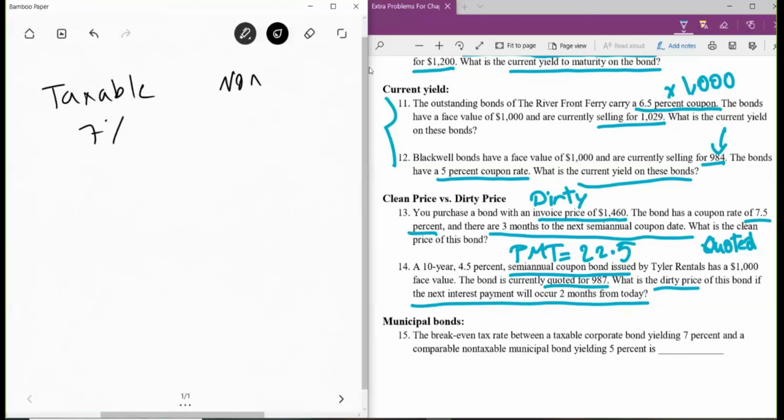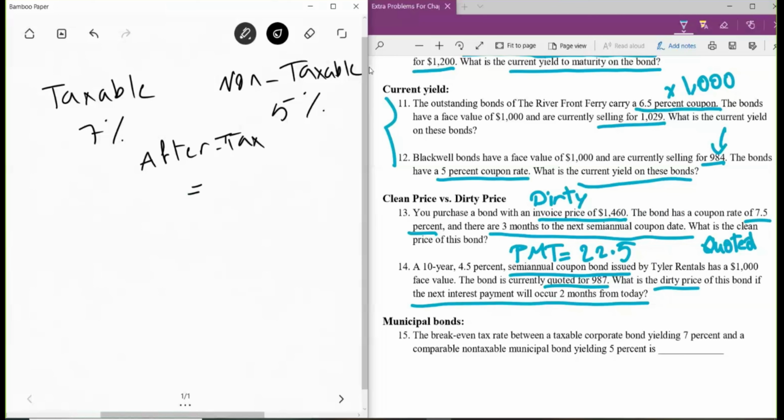The municipal bond, which is non-taxable, we have 5%. In order to find this break-even tax rate, the two bonds should yield the same rate after tax.